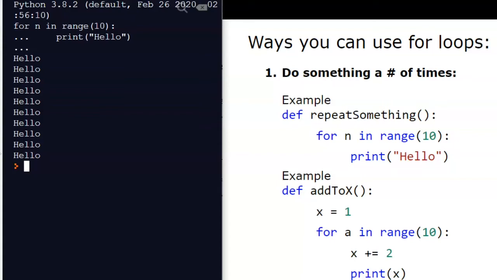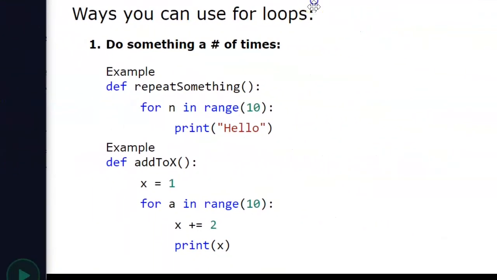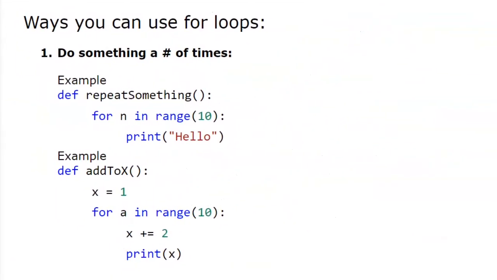Yeah, and then the next option, so let's move this over now. The next option is if you were to add to some value x. So if we said x is 1, and then you could do a for loop saying for a in range 10, x plus equals 2.